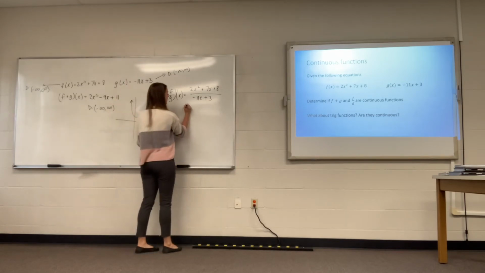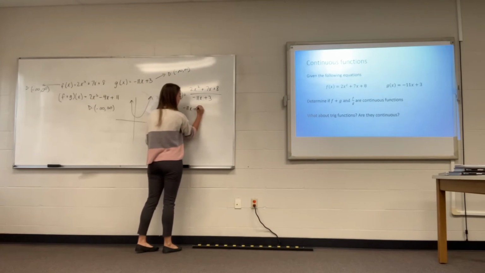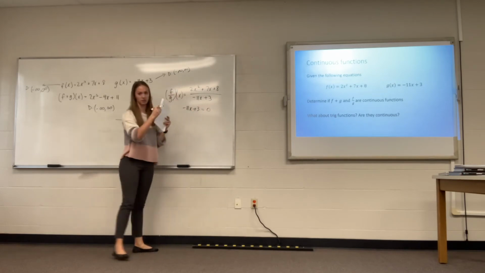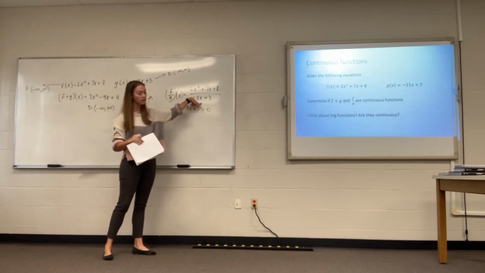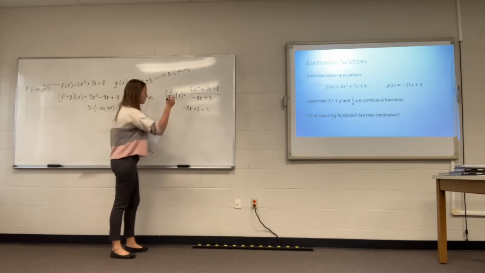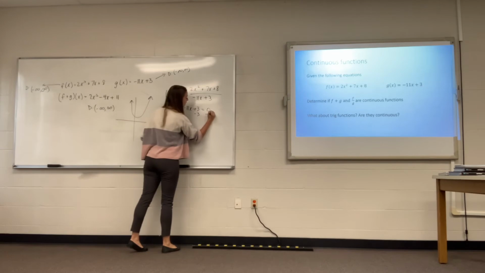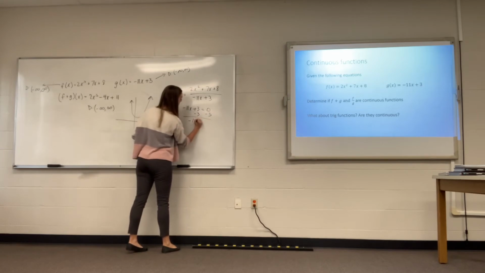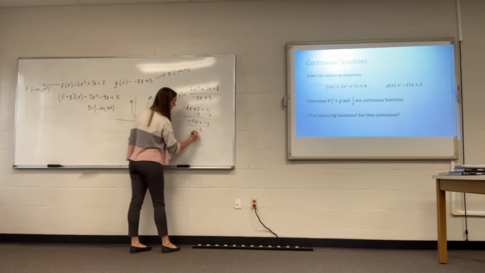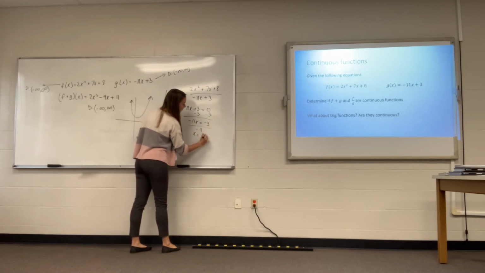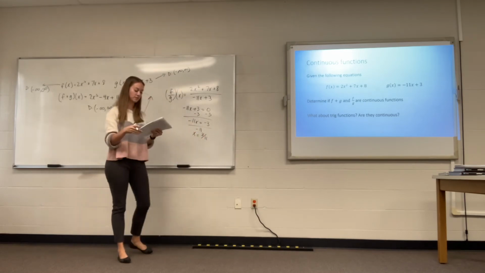So if I take the negative 11x plus 3 and set it equal to 0, because I'm trying to figure out what number for x I would plug in that would make it 0, I can subtract over my 3, so I have negative 11x equals negative 3. Divide by negative 11, so my x is going to be 3/11ths.